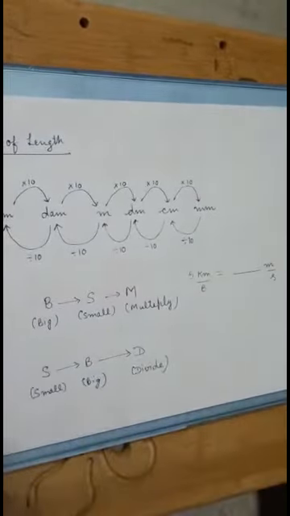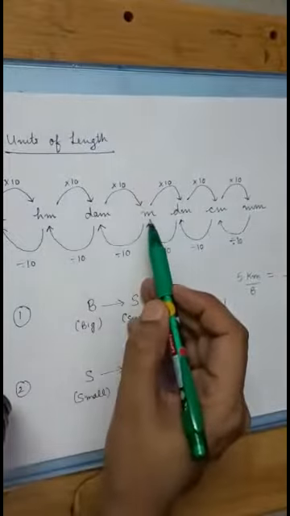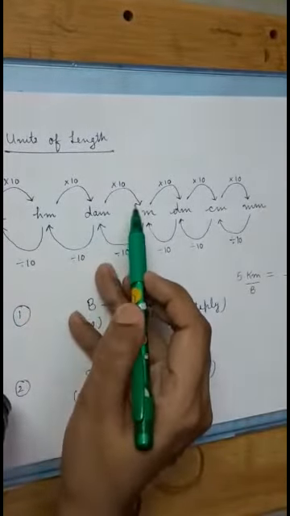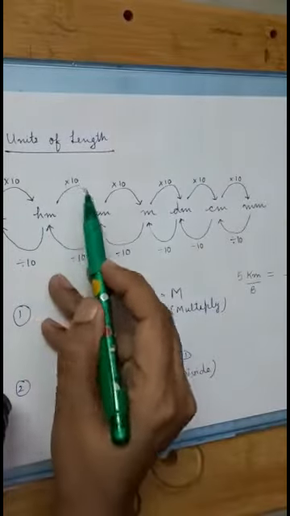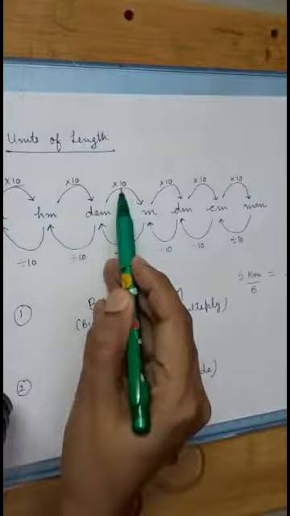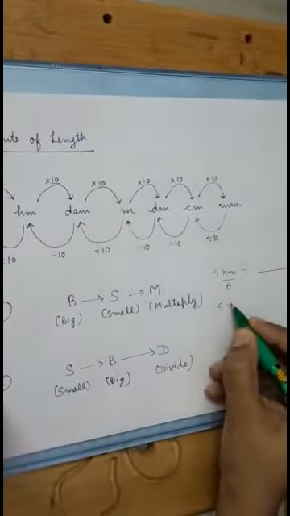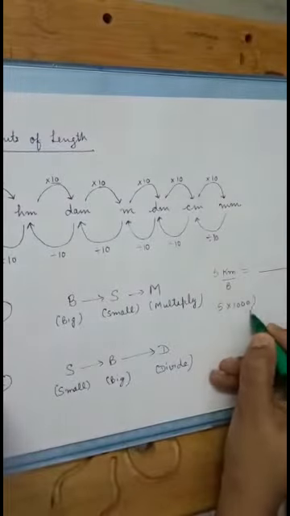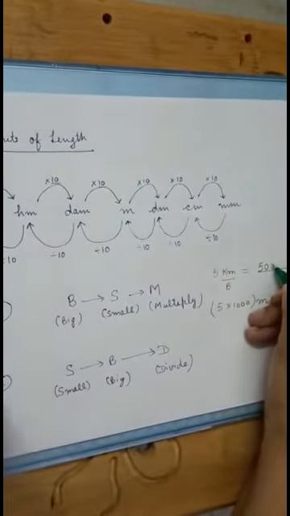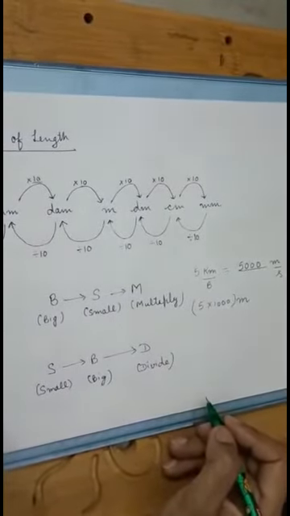See here, kilo to meter I have to move. How many moves will I take? 1, 2, 3. So multiply by 10, 10 and 10 means I have to multiply by 1000. So 5 multiplied by 1000 will be meter. So the answer is 5000 meter. Is that clear? 5000 meter.